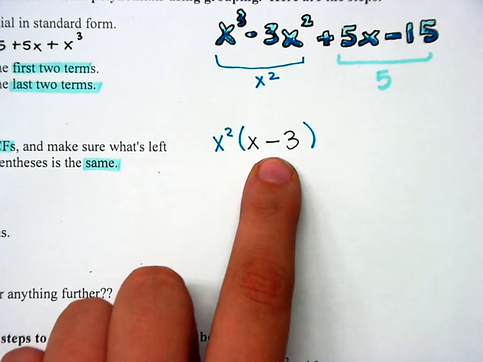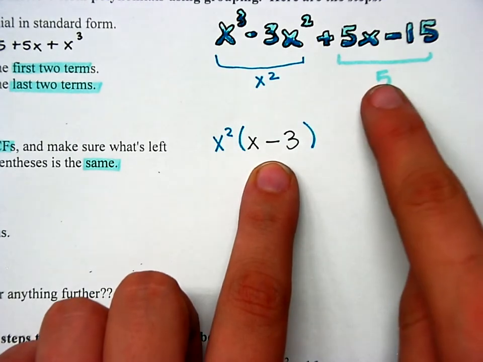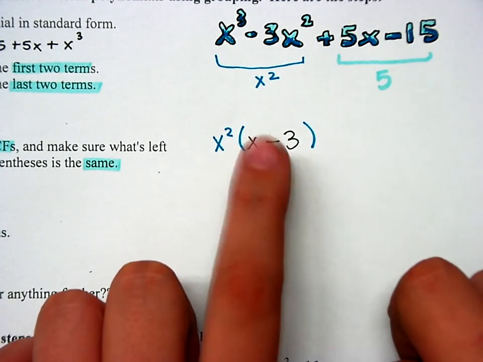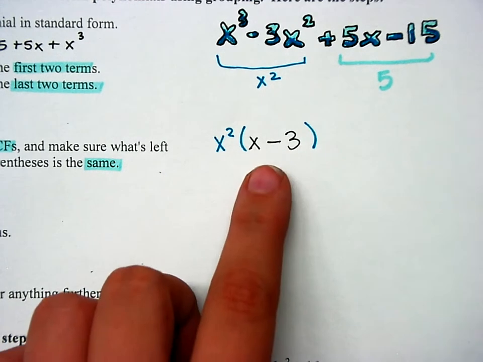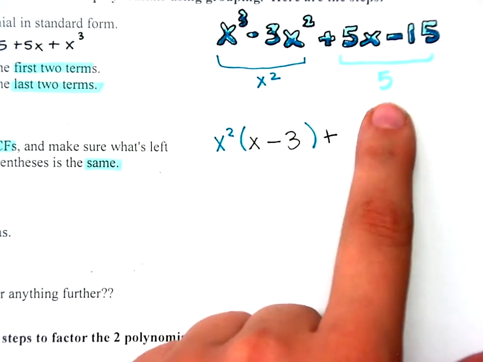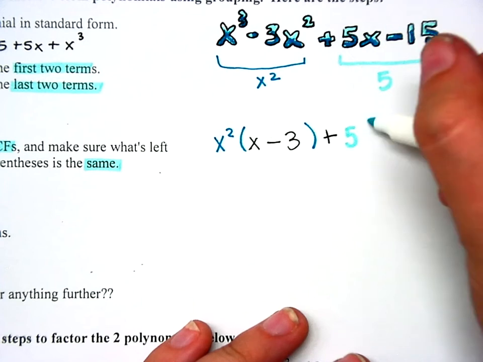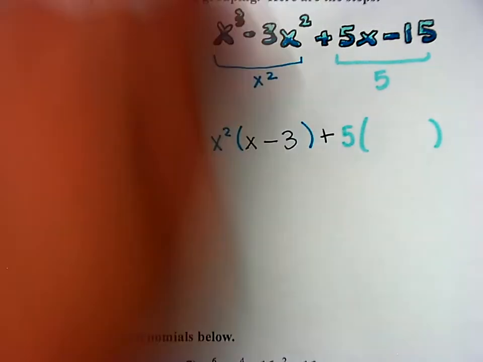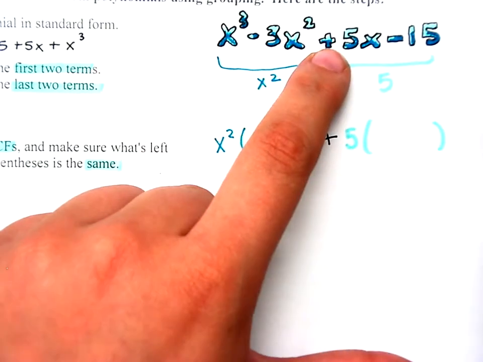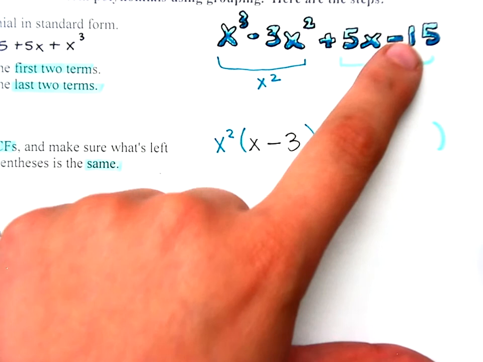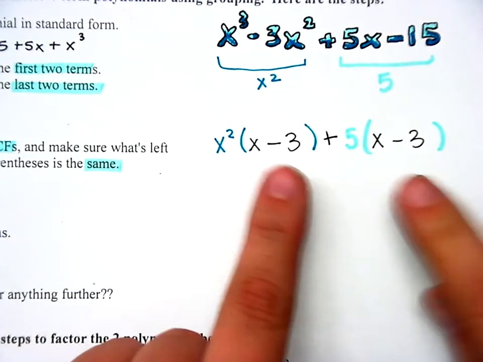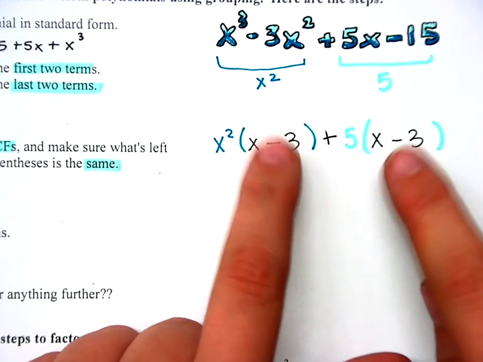So that means when I factor out this 5, I want to make sure what's left in the parentheses is the same. So we're going to plus, and then I'm factoring out a 5. And then let's see what we get. If we divide this by 5, we get x, and if we divide this by 5, we get negative 3. Okay, good. My 2 parentheses are the same.